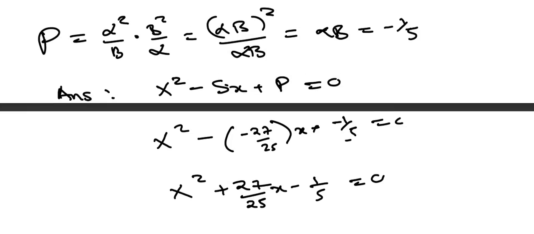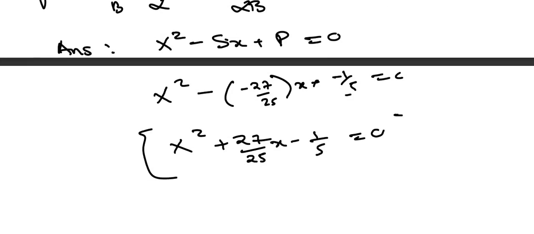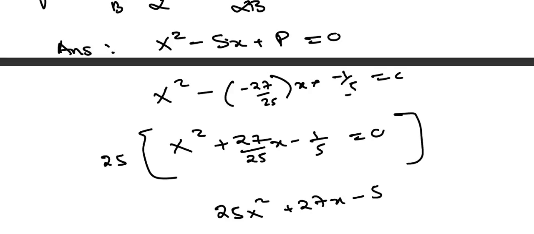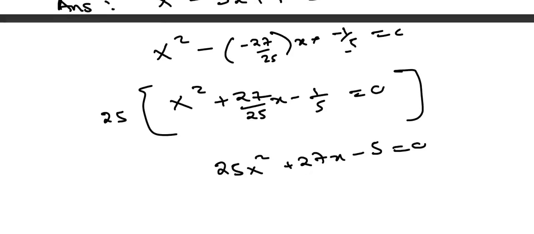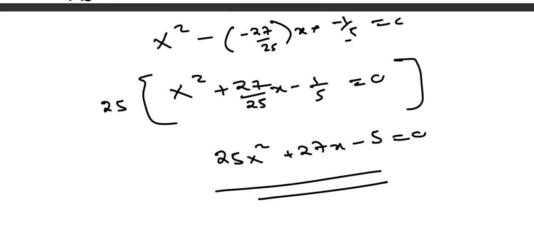We can multiply throughout with 25 to get rid of the fractions. So this is going to be 25x squared plus 27x minus 5 is equal to 0.